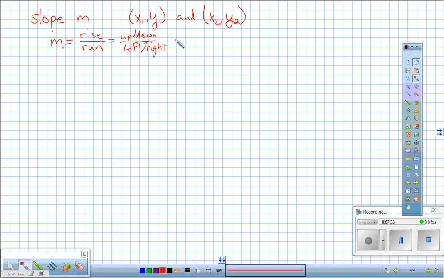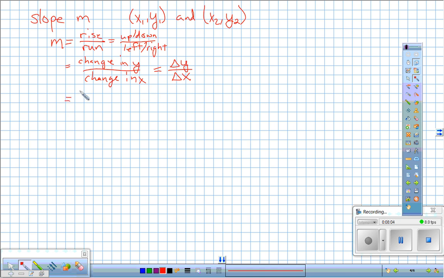Okay, we also remember it as the change in y. Oops, I forgot the word in. Change in y over change in x. Okay, instead of actually writing out change in, we write the delta sign, which represents change. So change in y over change in x.